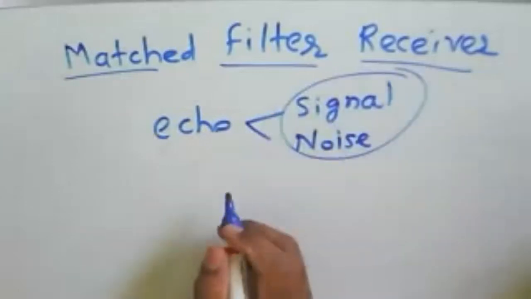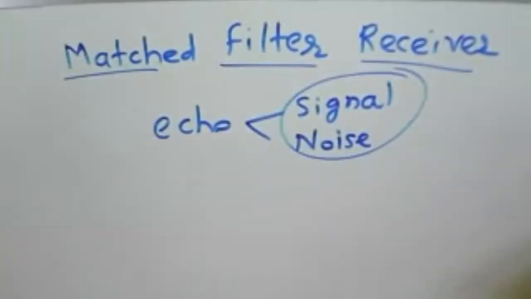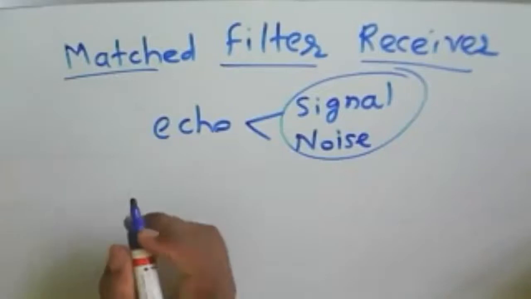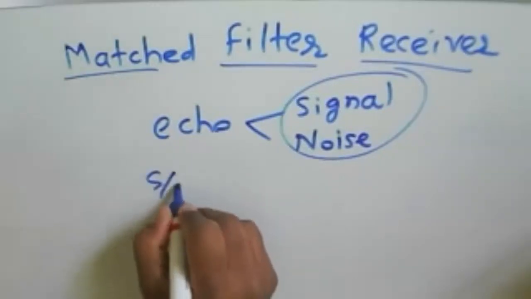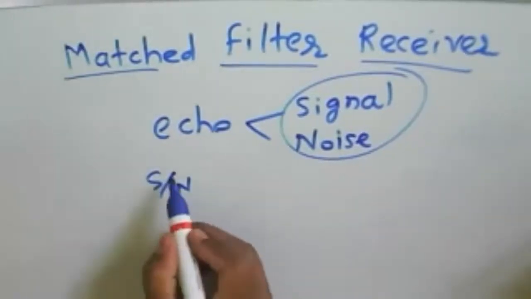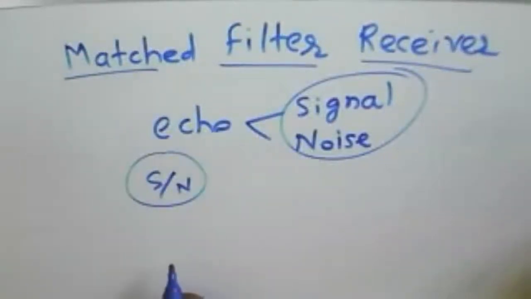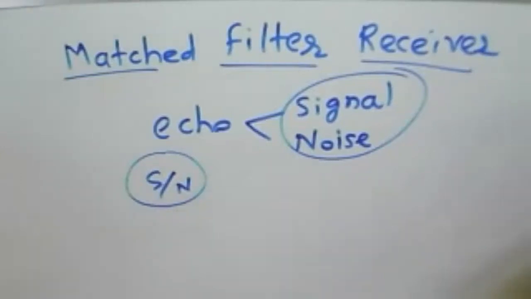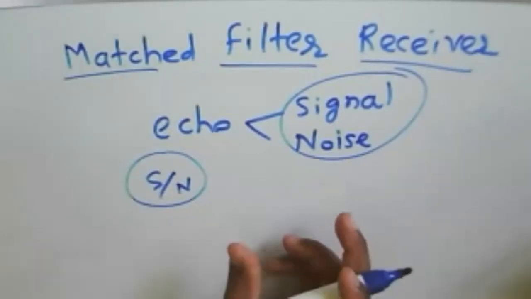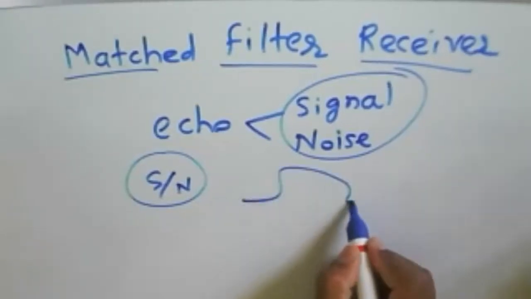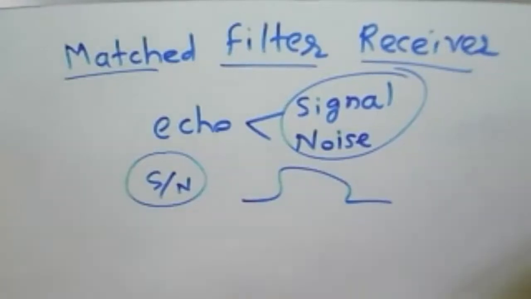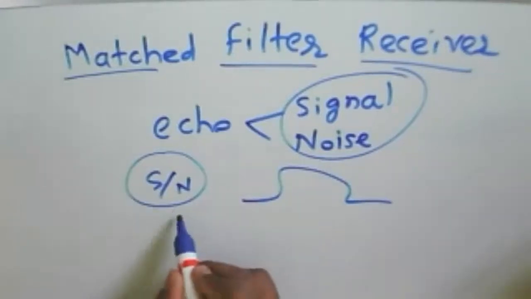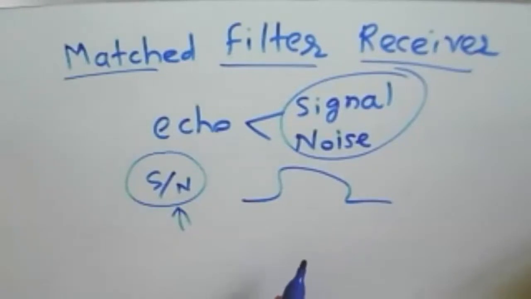So at the receiver, we need to find out what the signal to noise ratio will be. To increase the signal to noise ratio, we need to use some particular frequency response function, within a particular band, in which the signal is to be received. That will improve the signal to noise ratio.